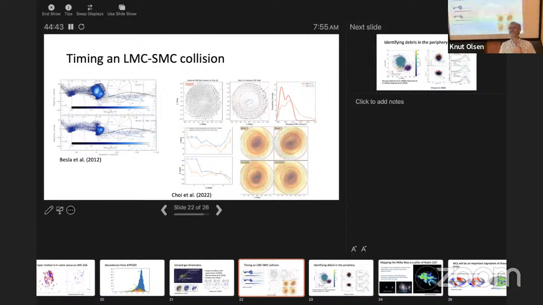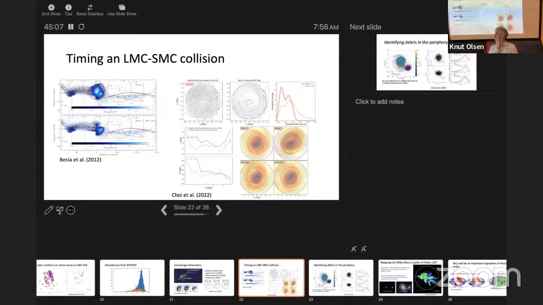I wonder how much overlap there is. Oh yeah, they're definitely embedded, right? Exactly how that interaction happens is the question.